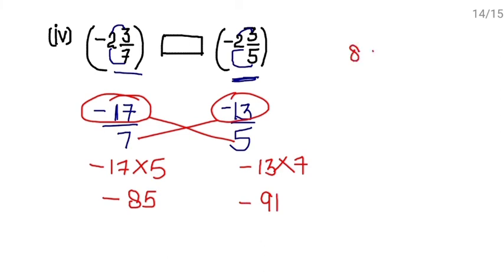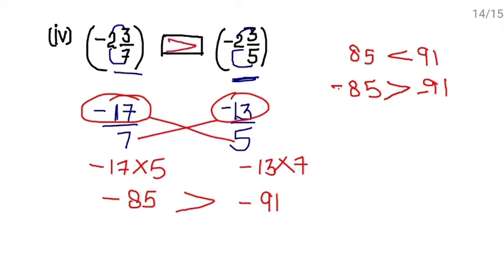If we compare 85 and 91, which one is greater? 91. But when minus sign comes with both these numbers, greater value becomes smaller and smaller becomes greater. So now minus 85 is greater than minus 91. So we will put this sign here.